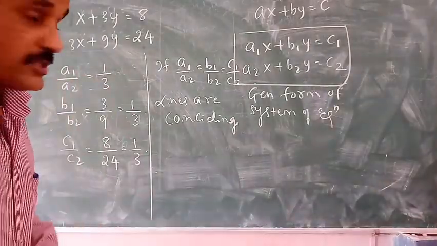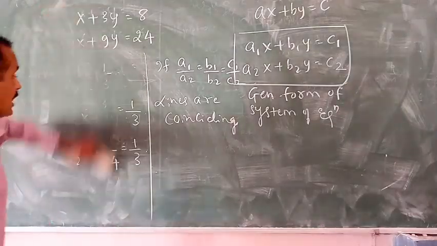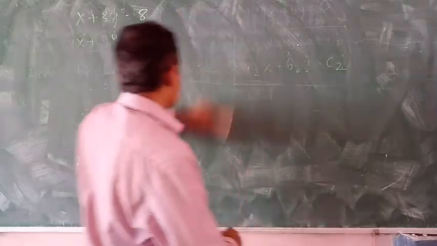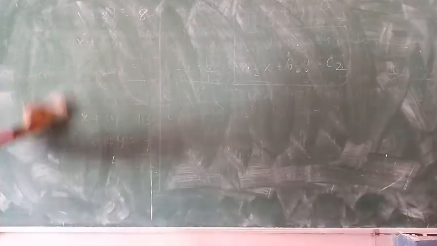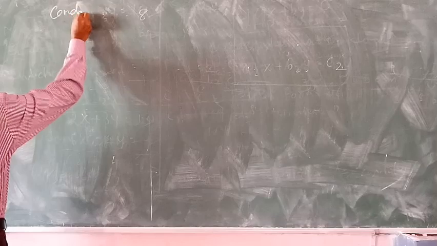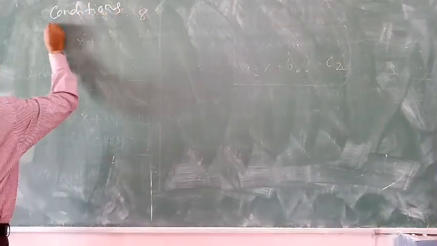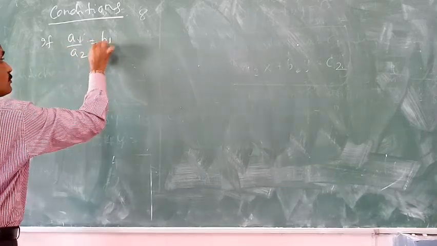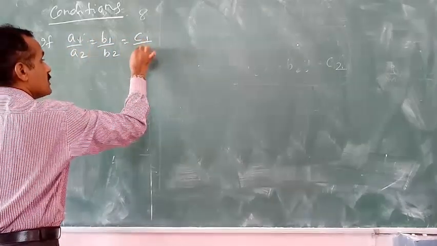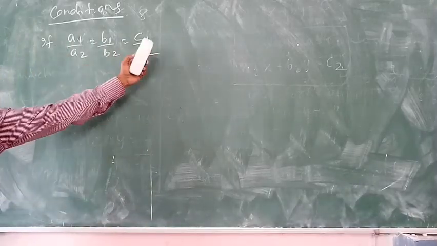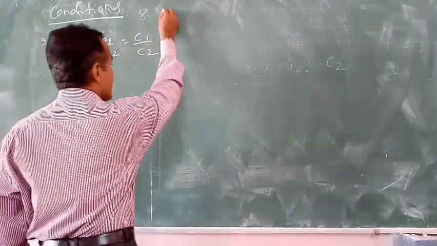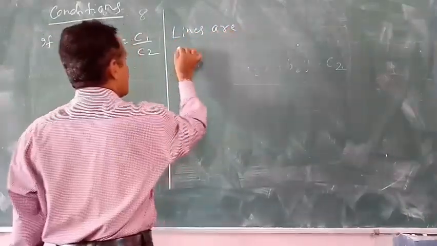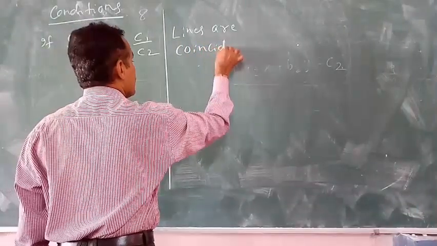This is the important fact. Now I will tell you the conditions once again. If a1 by a2 equals b1 by b2 equals c1 by c2, if all three are equal to each other, the lines are coinciding.